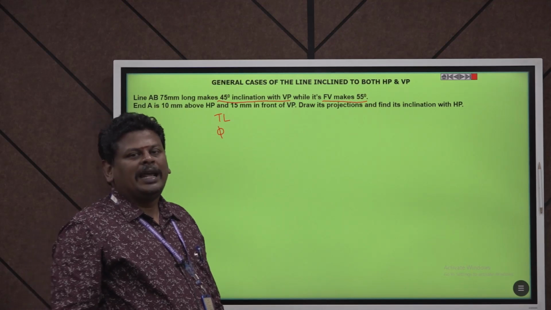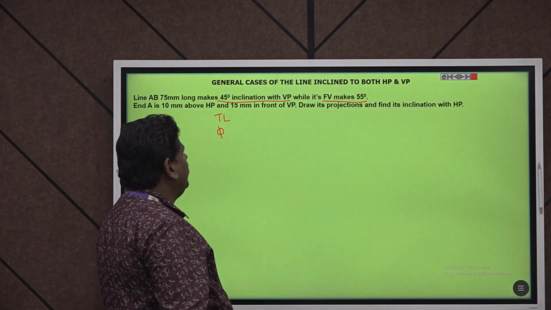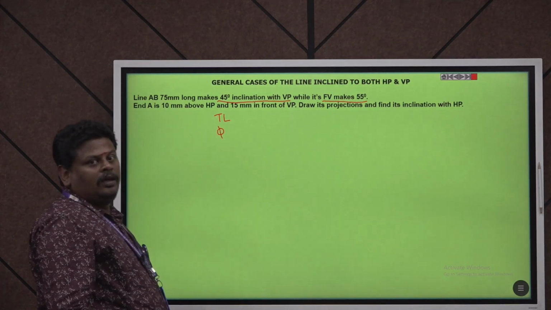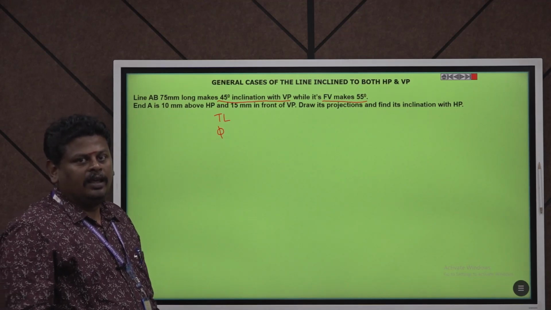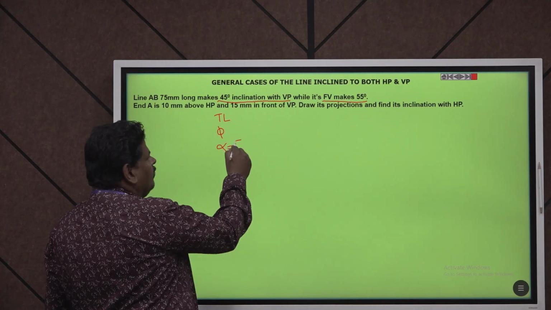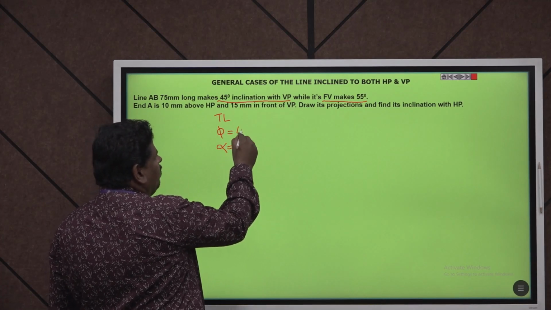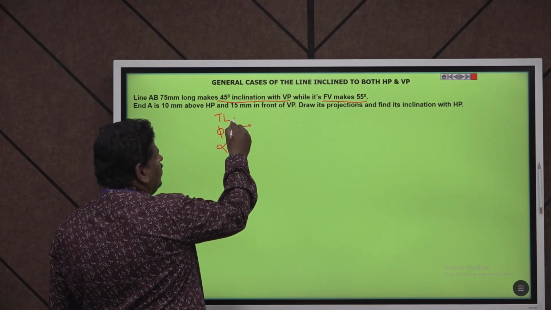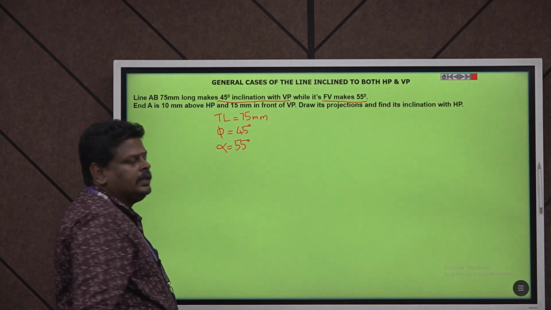So this is the apparent inclination, and the front view is always relevant to the horizontal plane. So the apparent inclination alpha is 55 degrees, the angle phi is 45 degrees, and the true length is 75 mm. These are the given data.